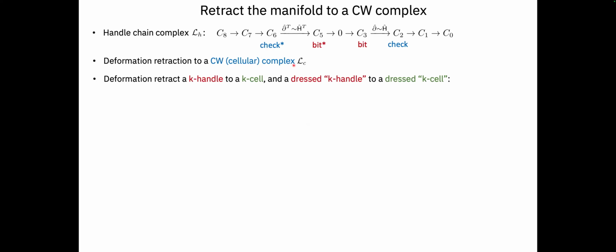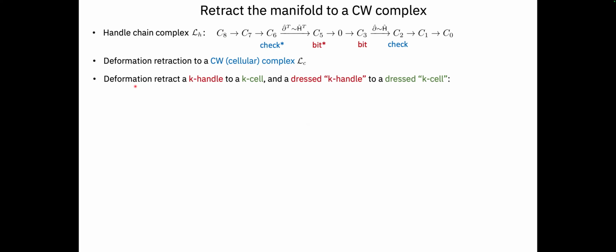So we already built a geometry out of the code, and in principle you can already define a non-abelian theory on that. But in order to be more compact and probably also more exotic, we want to further reduce the overhead. The trick is that you can deformation retract this handle chain complex into a cellular chain complex, which has exactly the same algebraic data.